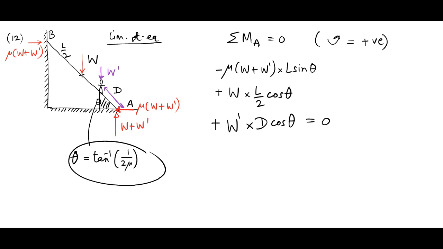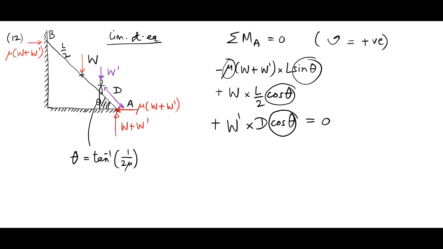Now I do have mu over here and I have theta over here, and in fact it's also here, so rather than having mu as well as theta, a better approach would be to either express theta in terms of mu or mu in terms of theta, so that would make the equation less complicated.